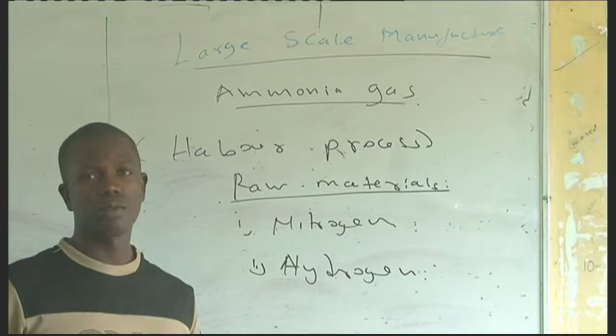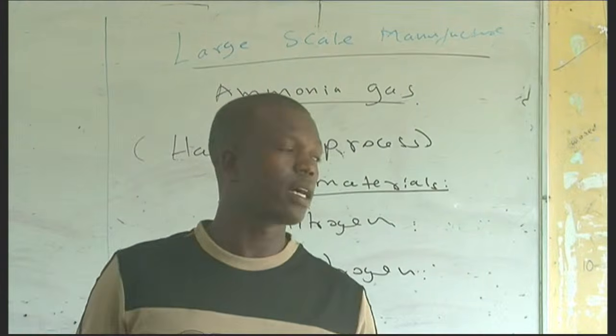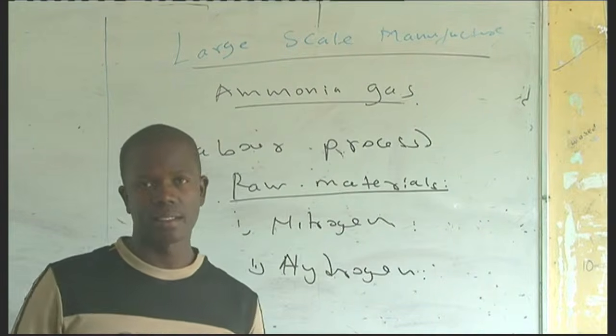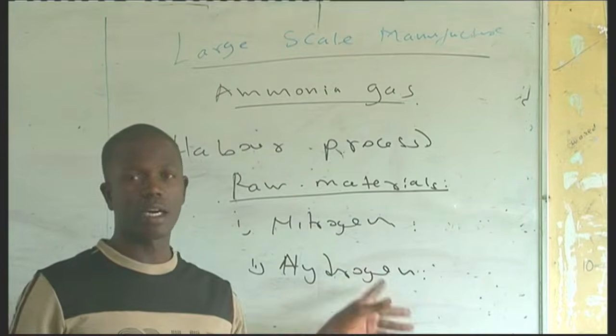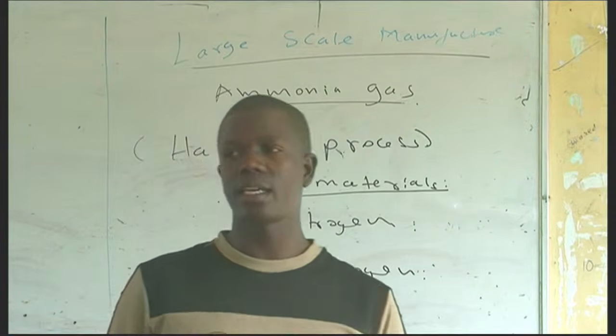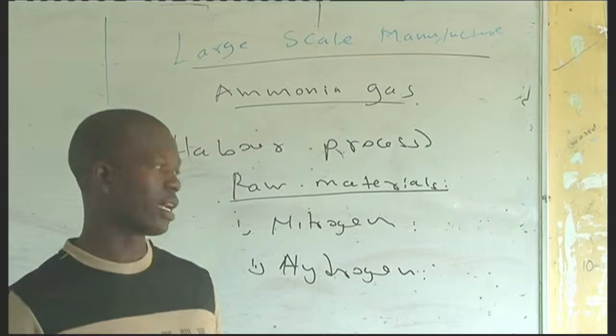Hydrogen, we obtain it from cracking of long-chain alkanes, where we remember that we have two types of cracking: catalytic cracking and thermal cracking.